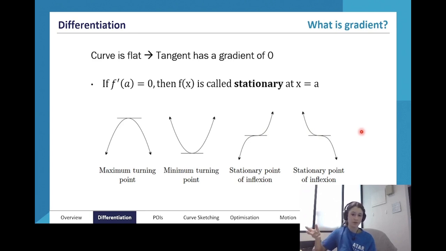And in all of these scenarios, we have a stationary point because instantaneously, just for one tiny second, the gradient is 0 and the curve is flat. So as you can see, we have two categories of stationary points displayed here. We have turning points, and then we have the points of inflection, where the curve has that chair shape.